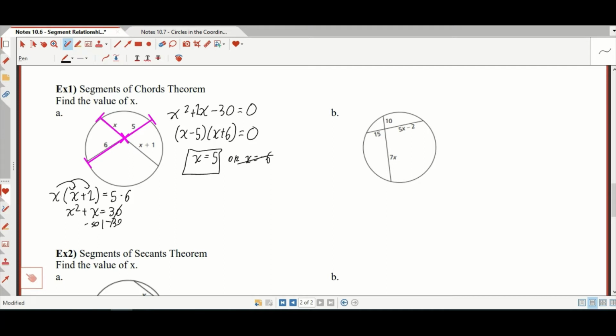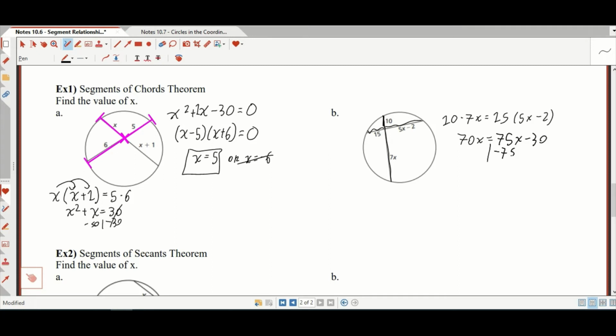Okay, same story. This length times this length, 10 times 7x, is equal to this length, 15, times this length, 5x minus 2. So 70x equals 15 times 5x minus 2, which is 75x minus 30.